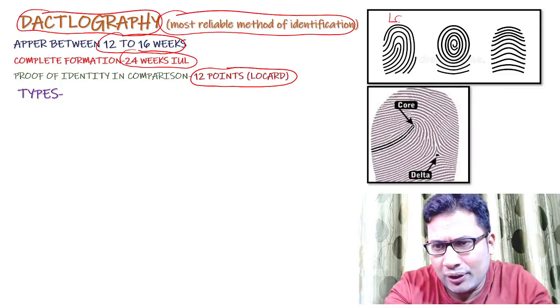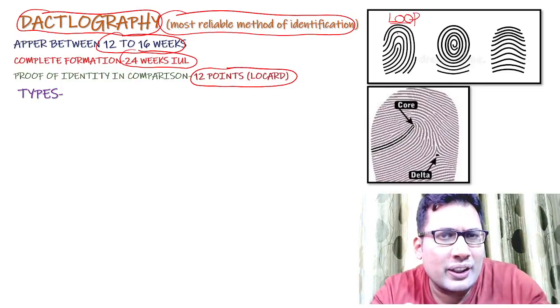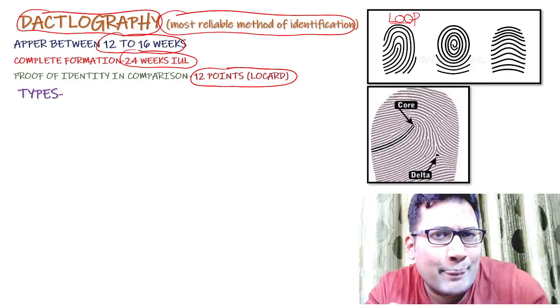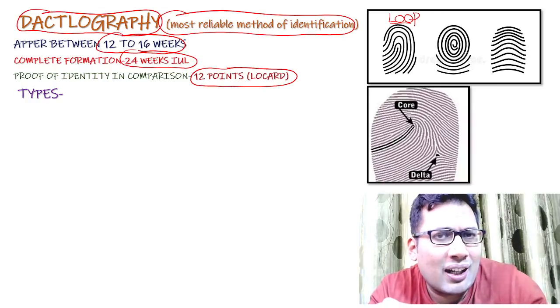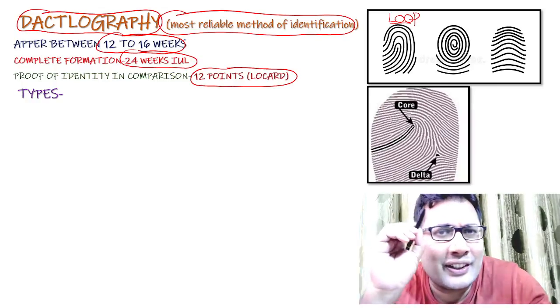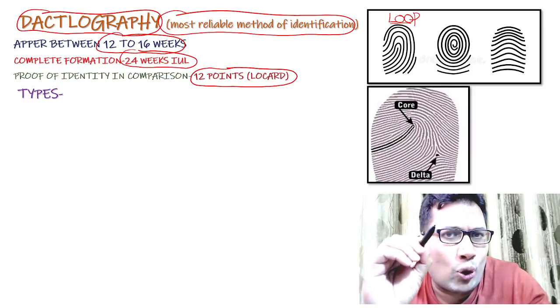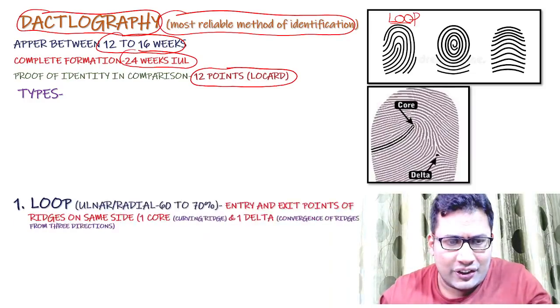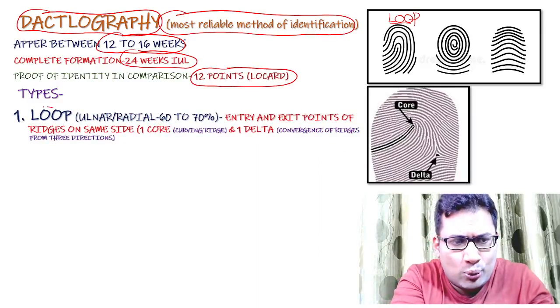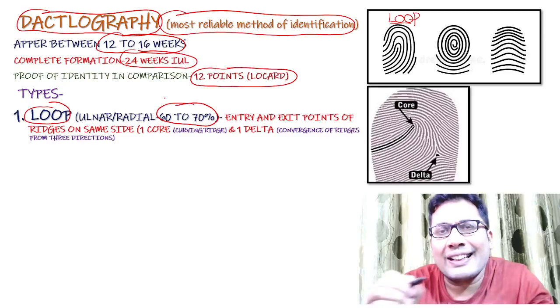You can see here, this is a loop. Why? Because the entry point and the exit point are on the same side. You can see one delta and one core. So loop is the most common fingerprint, around 60 to 70% of the cases.